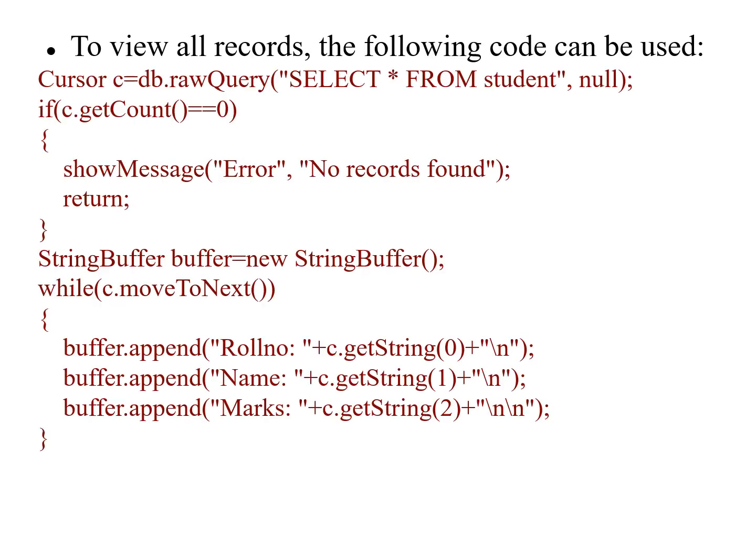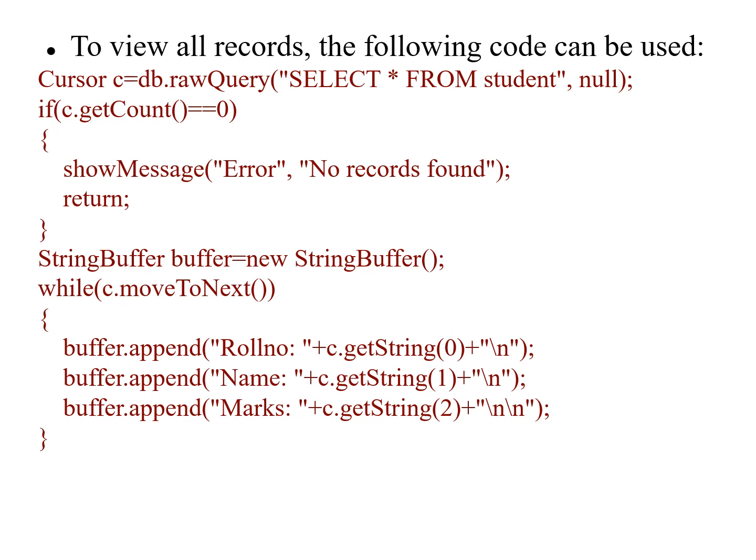If you want to see all the records from a table, then we will be using this particular code. First we have to execute the select star from student statement. It will be retrieving all the records from the student table and storing them in the cursor object c.